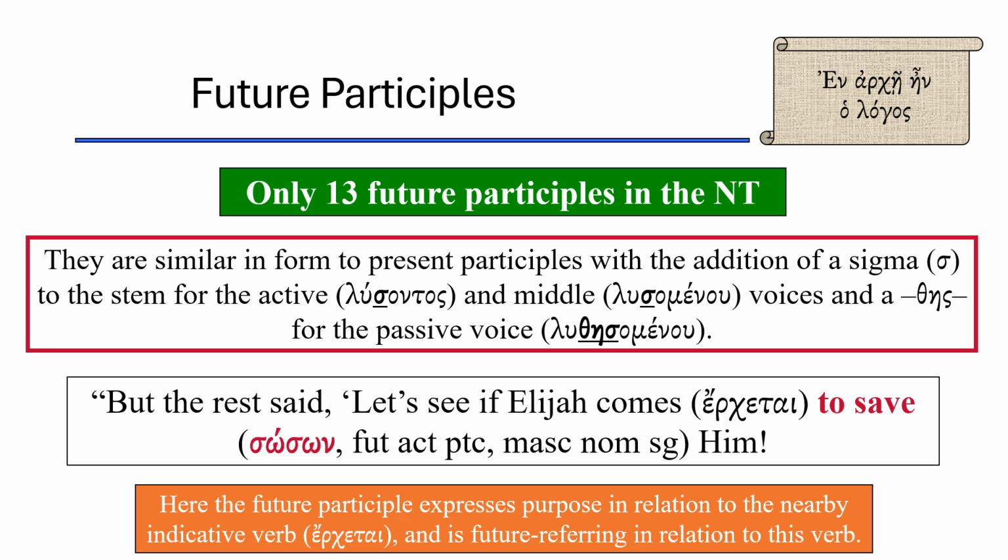Here, a future participle is expressing purpose in relation to the nearby indicative word, and it's future in relation to the verb. So here we have, but the rest said, let's see if Elijah comes, erchetai, to save, sozon, future active participle in the masculine nominative singular.